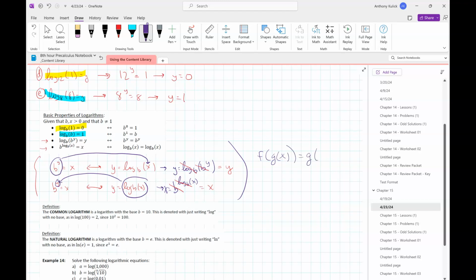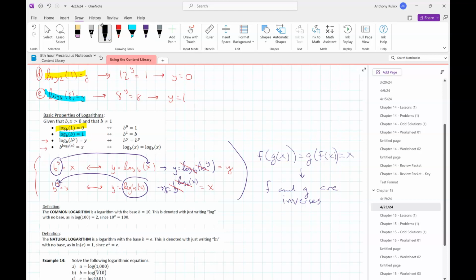We really did the composition of the two functions. What does this tell us if I do the composition both ways and we get x? It says that these two guys are inverses.